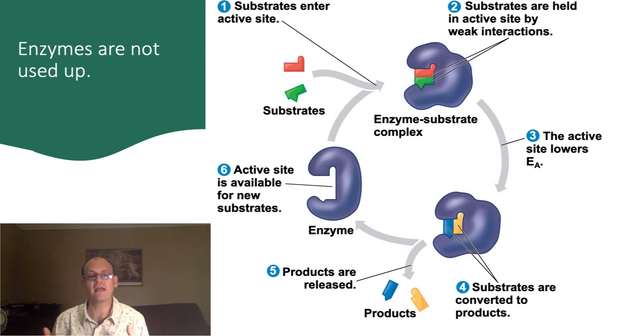Once the products of the reaction have been released, the active site of the enzyme is available for new substrates. Now, one very important thing to note here is that the enzyme does not change in the chemical reaction. It's not used up, and it has exactly the same energy at the end as it did before binding the substrates.